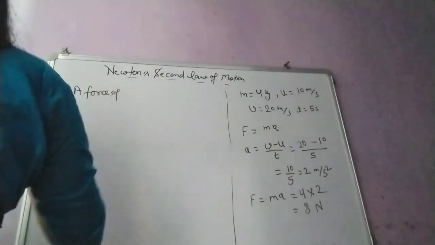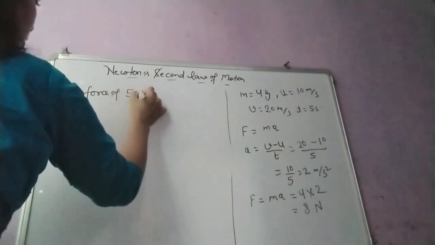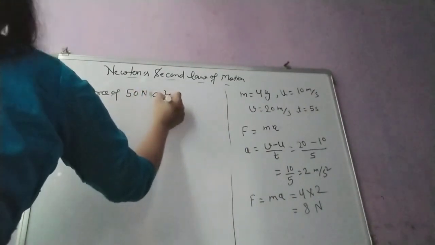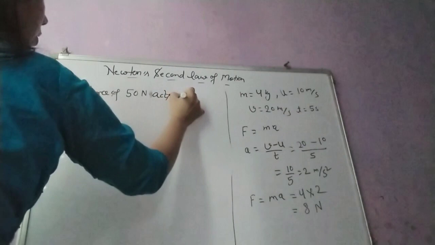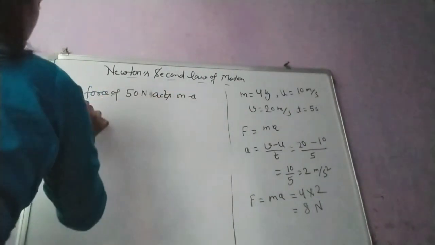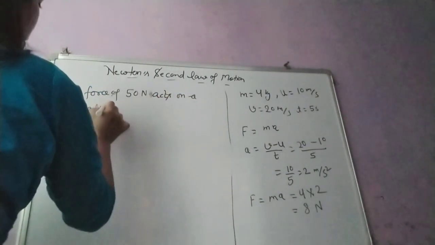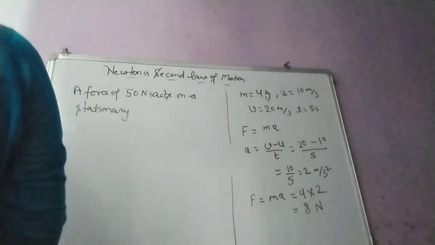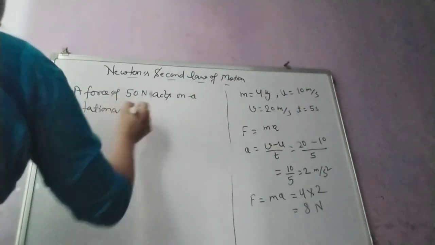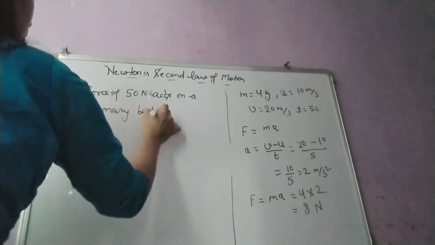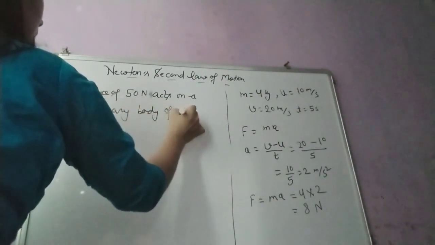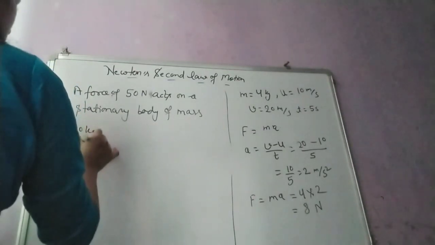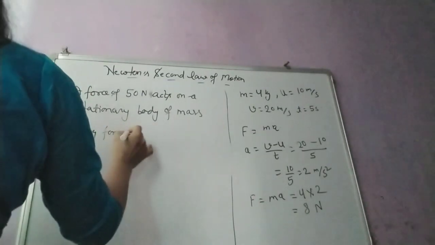A force of 50 Newton acts on a stationary body of mass 10 kg for 2 seconds.